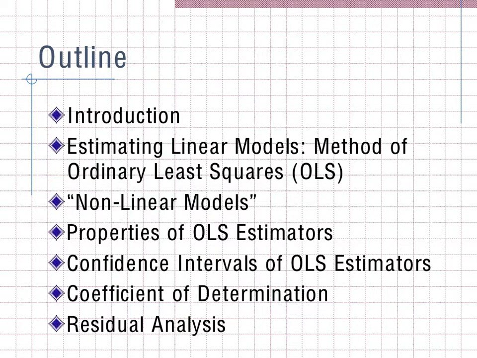The result of an ordinary least squares model includes something called the coefficient of determination, and we'll learn about that. And finally, we'll learn how to examine the residuals that we get in an ordinary least squares model in order to determine whether the data is well behaved for the kind of model that we're estimating.